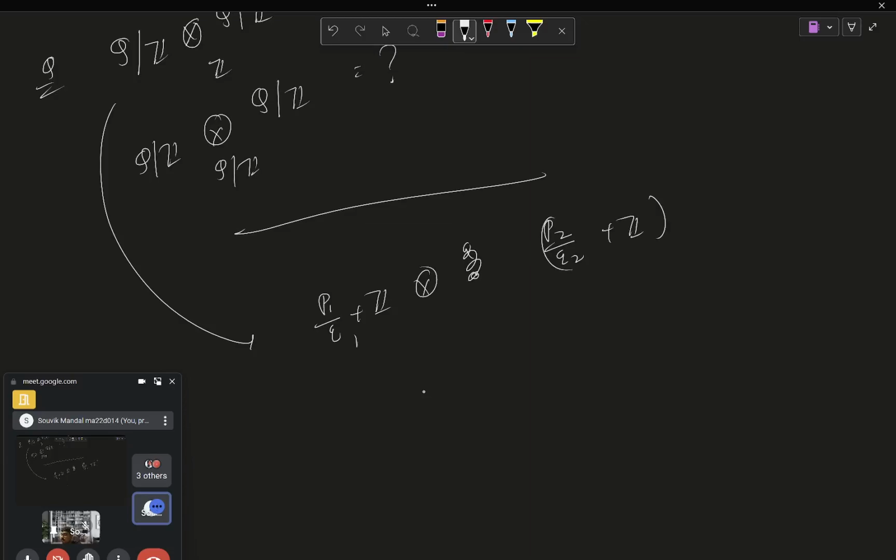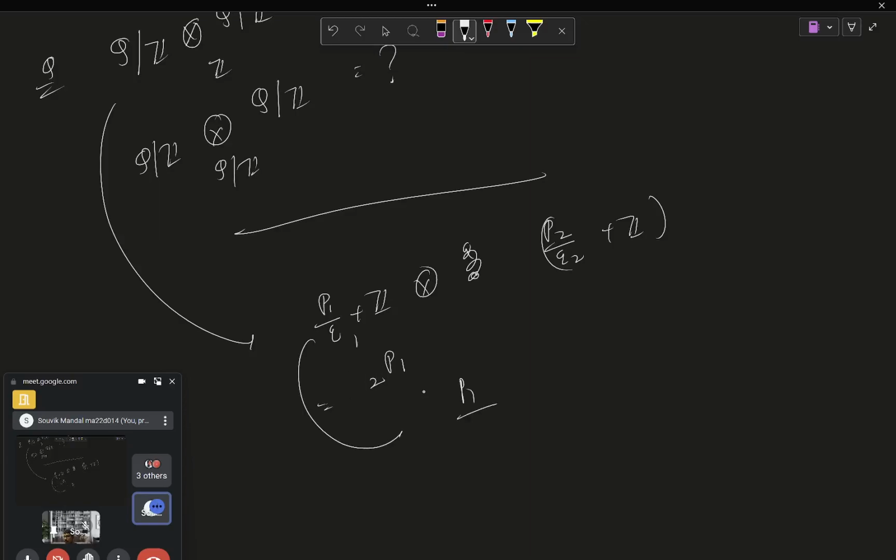That's it, correct? So this is the general element. What you can do is multiply by q2 on this side.